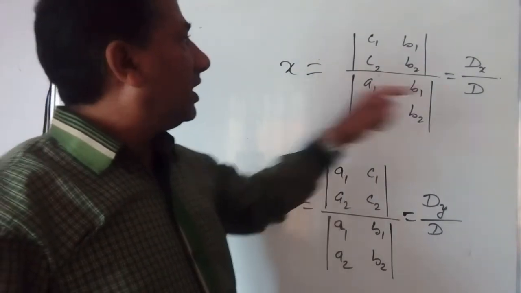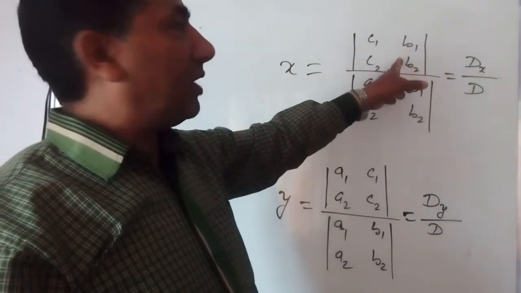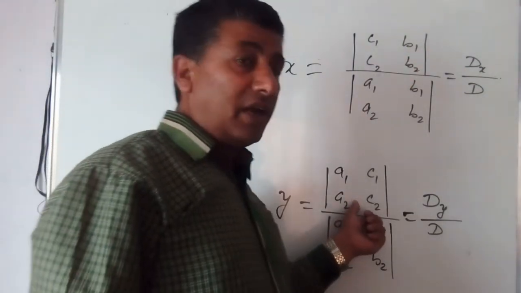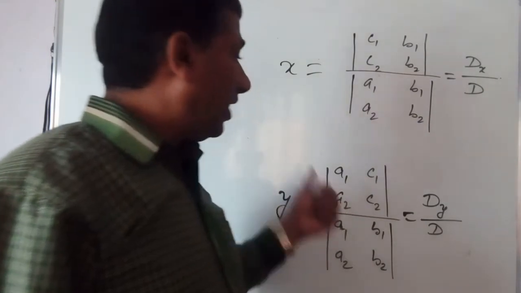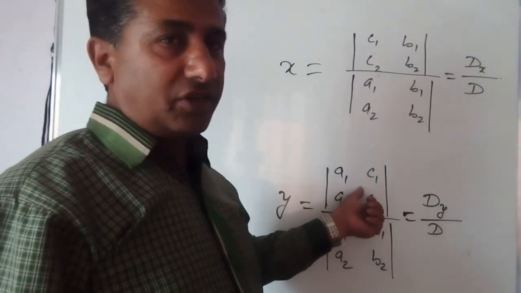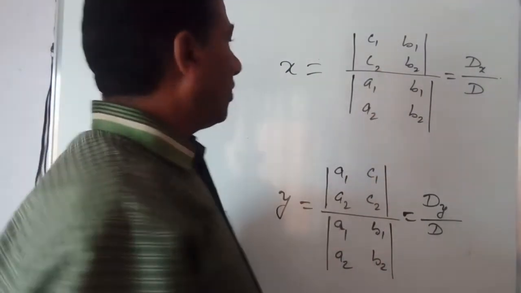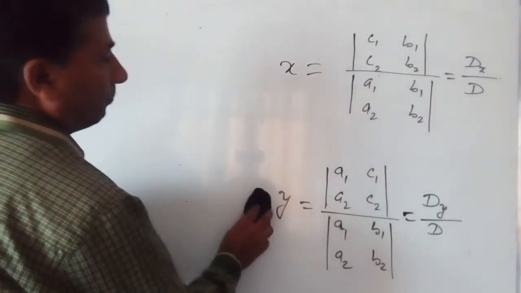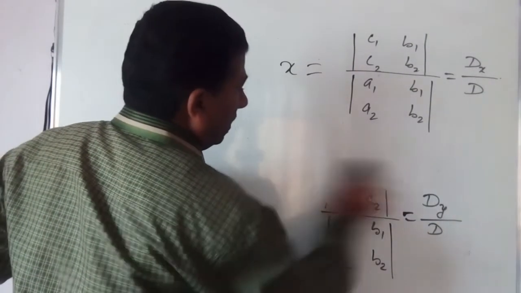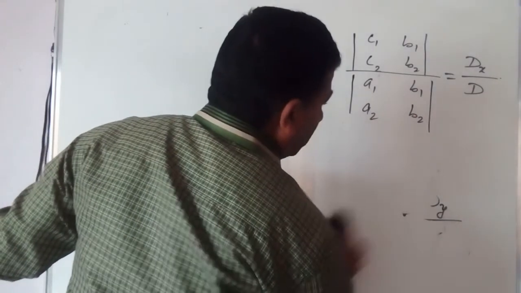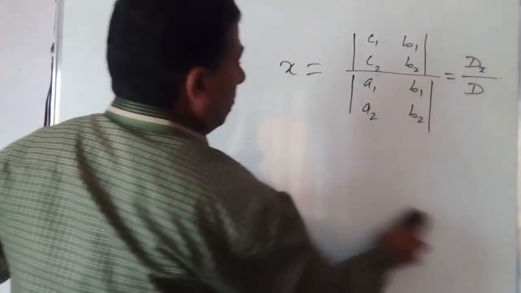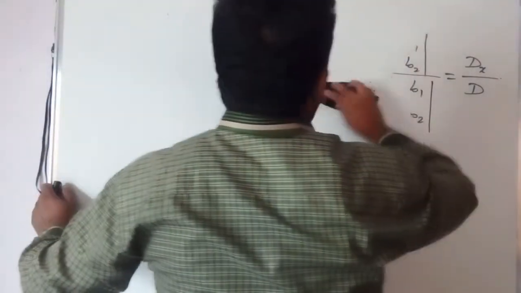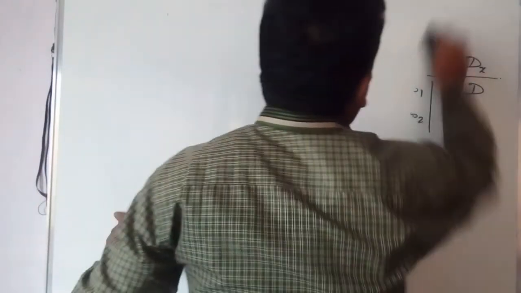Another is the determinant obtained from the coefficient of y and the constants. This one is the determinant obtained from the coefficient of x and the constants. By the help of these determinants, we can find the values of x and y.